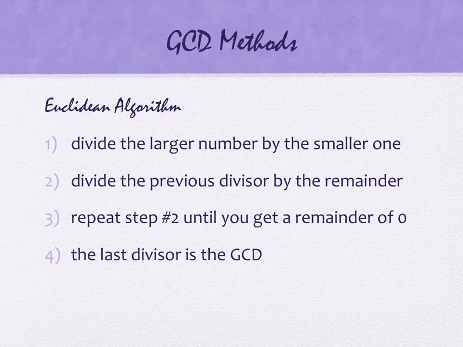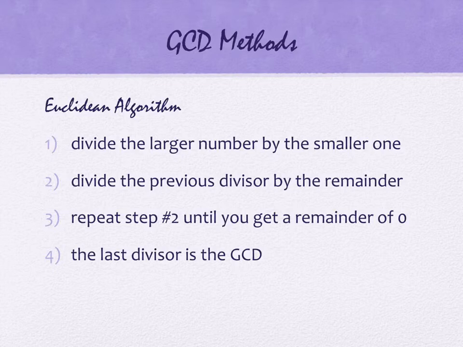All right, so you're given two numbers. Step number one just says you're going to divide the larger number by the smaller number. Okay? And then what you get is the remainder, so the number on the bottom, and what you divided by, you're going to take those two numbers and do the same thing again. You're going to divide larger number by smaller number. And you're going to keep doing this until you get a remainder of 0.